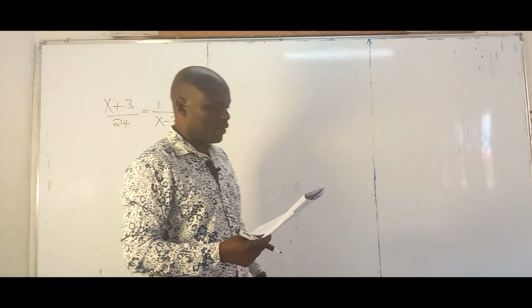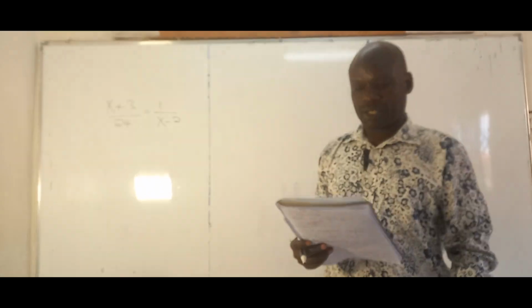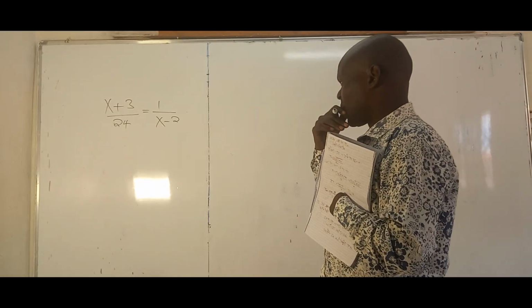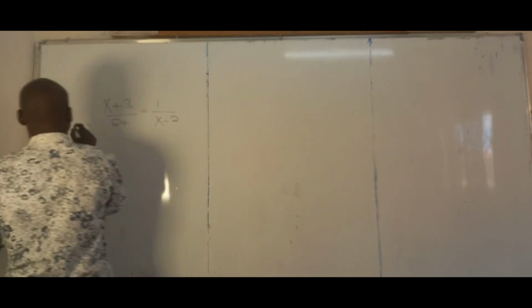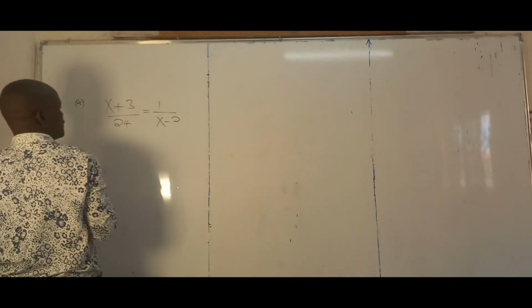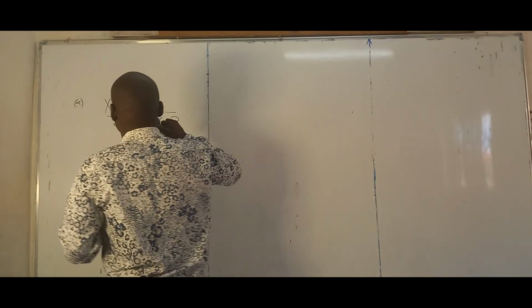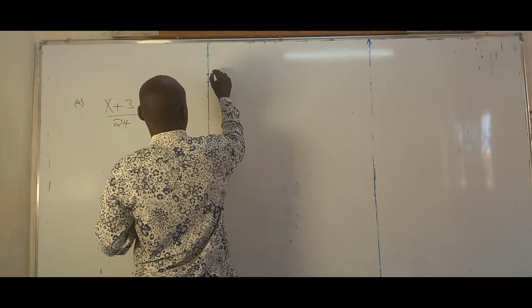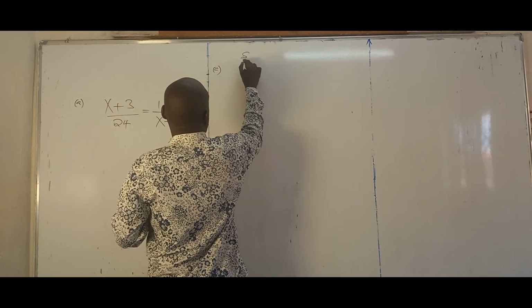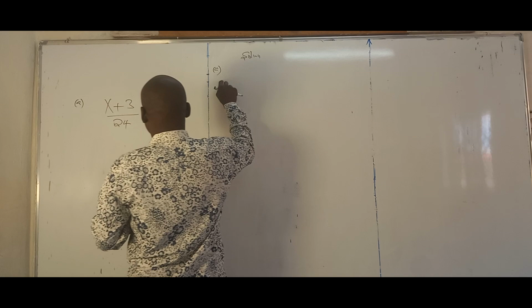So first, part A, we are asked to solve that particular equation. So part A will proceed as follows. I'll pick my solution from here. So A, if I call this solution.